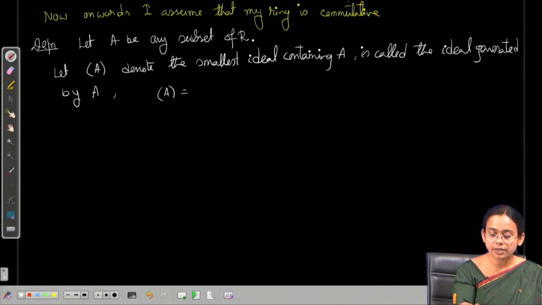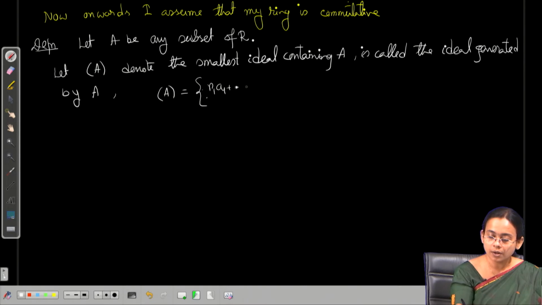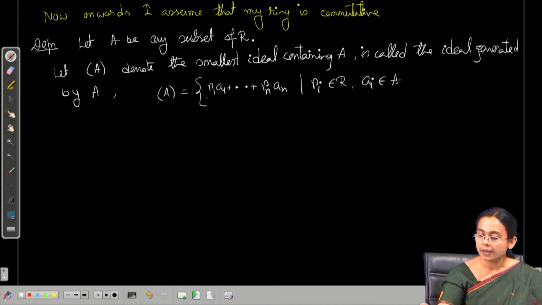So, how does it look? The ideal generated by A will be of the following form. The elements will be nothing but finite linear combinations, r 1 a 1 plus ... plus r n a n, such that these r i's vary over the ring R and a i's are elements of the set A, and n is a positive integer.